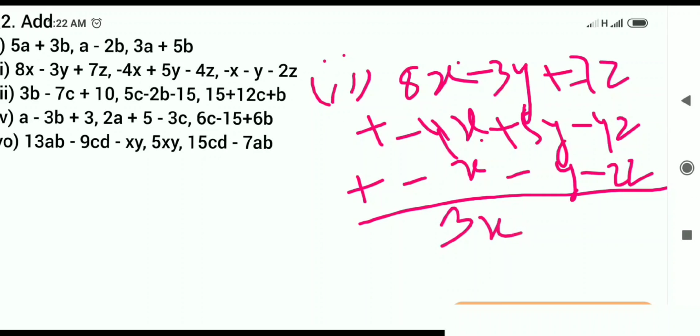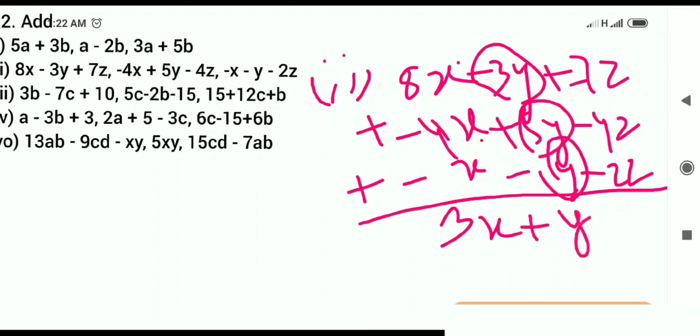In this column minus y and minus 3y will sum up to minus 4y and will be subtracted from 5y, and thus only y will be left, 1y. Here 2z is minus and 4z is minus, so 4 and 2 is minus 6z. 7z minus 6z will be equal to again plus 1z.